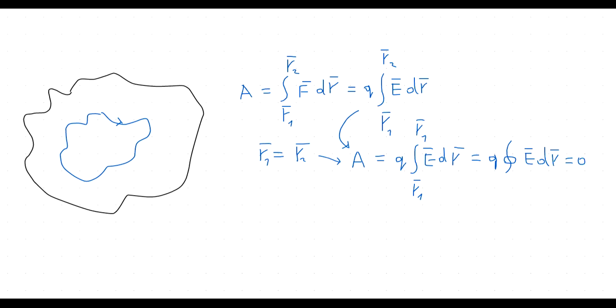Because electrostatic field is always a potential field, and we can write that for electrostatic field the linear integral on a closed trajectory is always equal to 0.